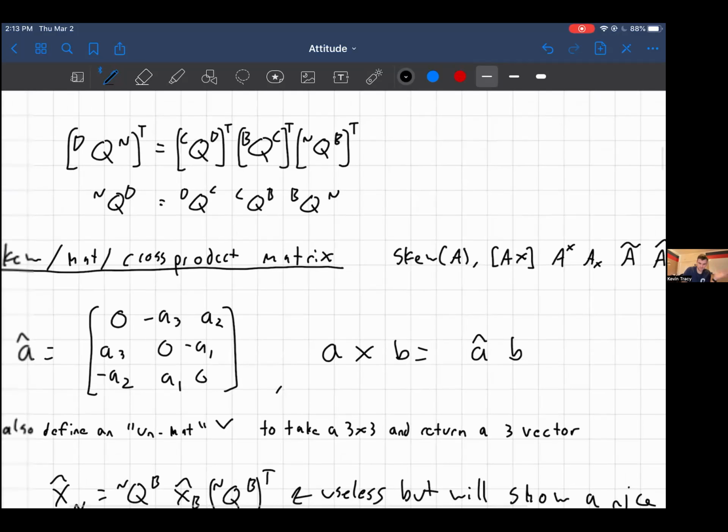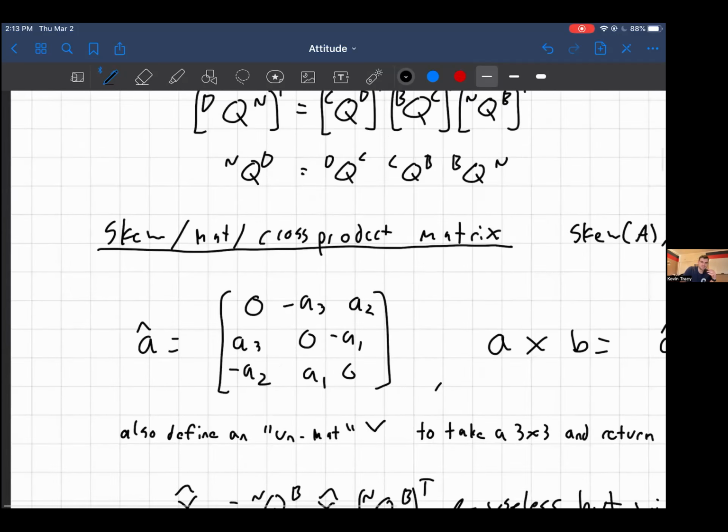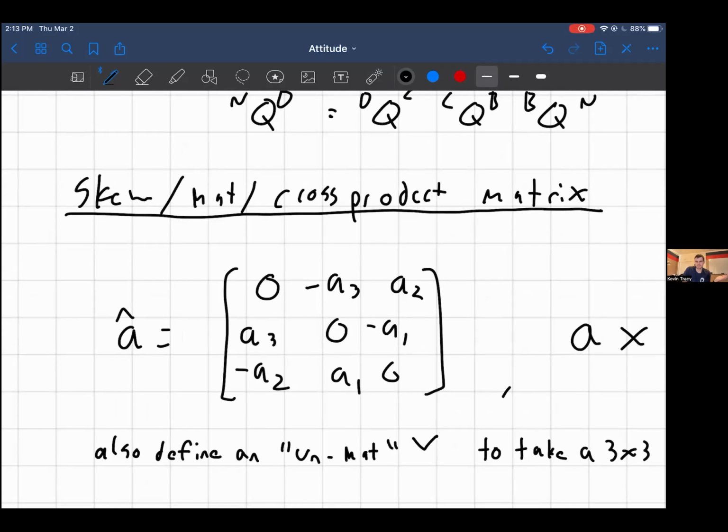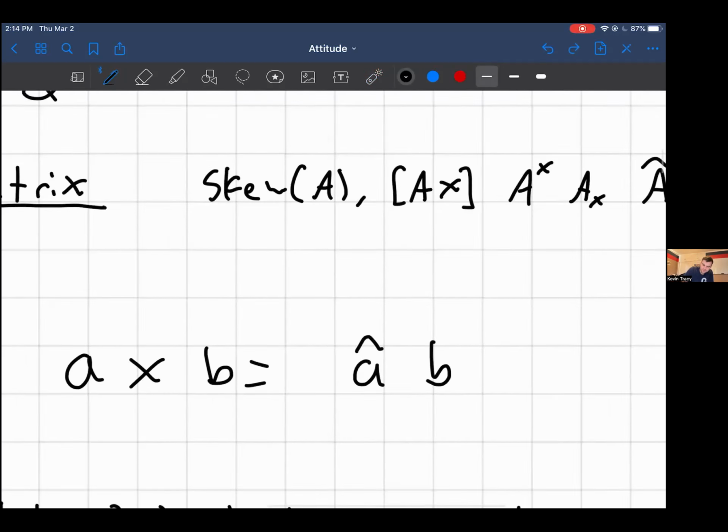What we'll do is stick with the hat, but throughout books and papers, you'll see all these things. What this hat map is really doing is it takes some vector, A1, A2, A3, and puts it in a skew symmetric matrix such that it's 3, 2, 1 with a negative here, and then 3, 2, 1 with a negative here and here. For those of you that haven't seen skew symmetric matrices, all this means is that there are zeros all on the diagonal, and if I take A hat transpose, it's equal to negative A hat.